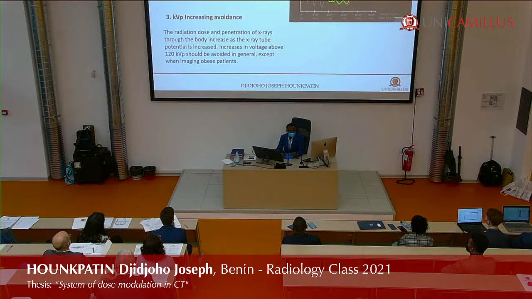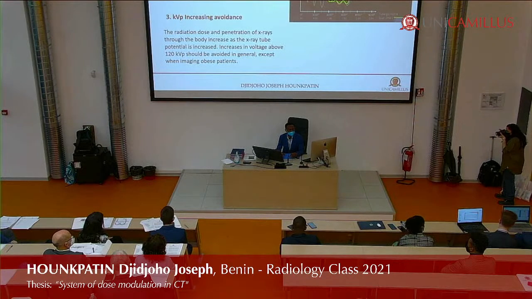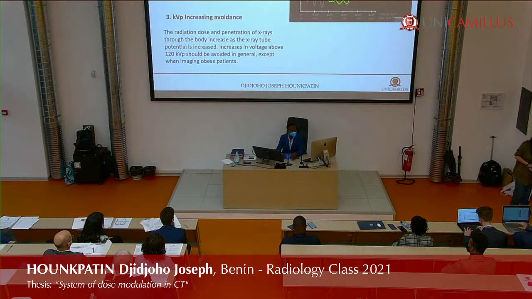Scout images in both the anteroposterior and the lateral projection, as well as the slices, are used to make the estimates. The milliampere will be designed to change by location throughout the length of the patient based on these views. The specifics of the option differ depending on the manufacturer.